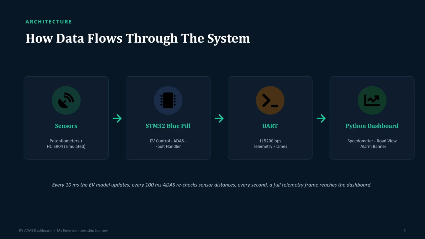After processing all the inputs, the STM32 sends the vehicle information to the Python dashboard through UART communication at a baud rate of 115200, and the dashboard displays vehicle speed, battery status, motor torque, and remaining indicators in real time. This modular architecture made the project much easier to understand, debug, and expand.